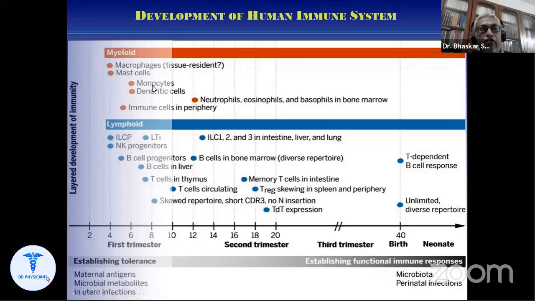So the innate immune system cells are coming first, and then these cells are preparing the progenitors, and then from the 10th week onwards, you see all these different cells have started populating the immune system.